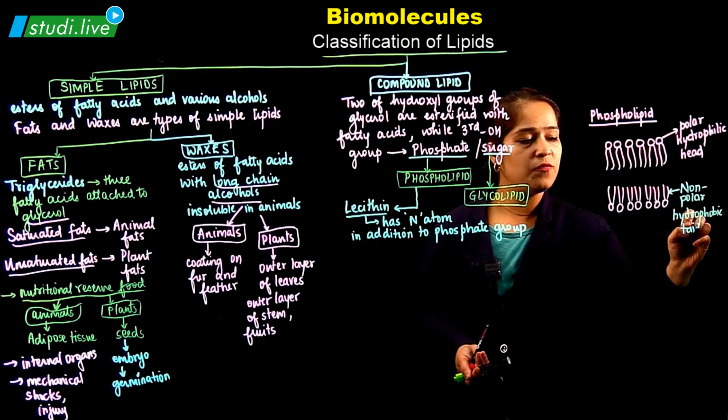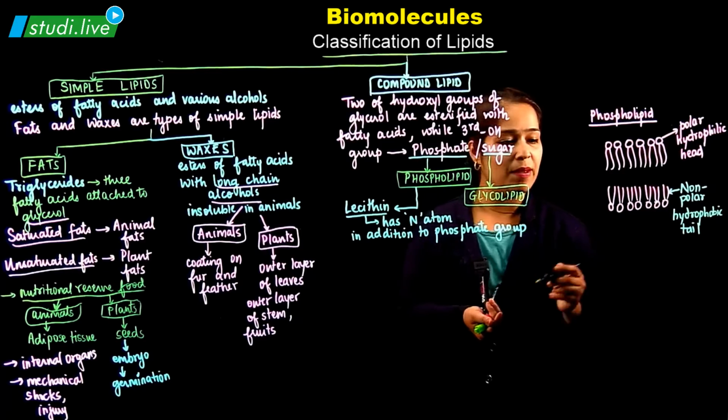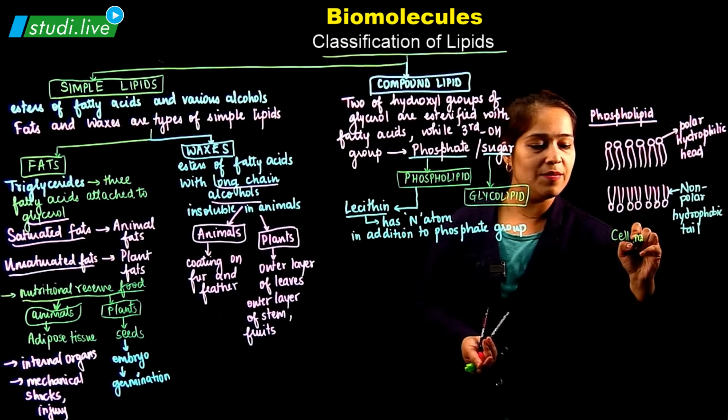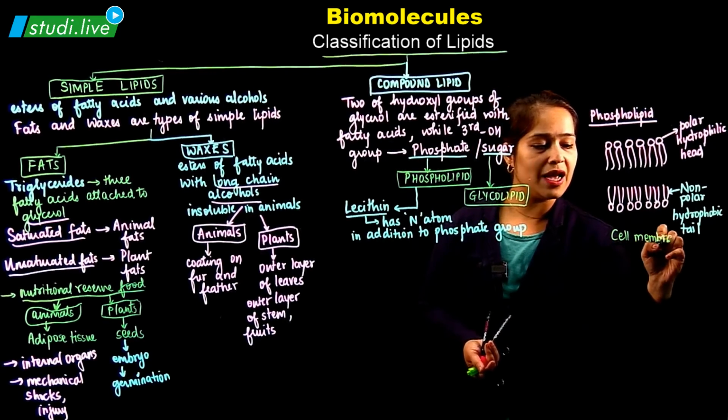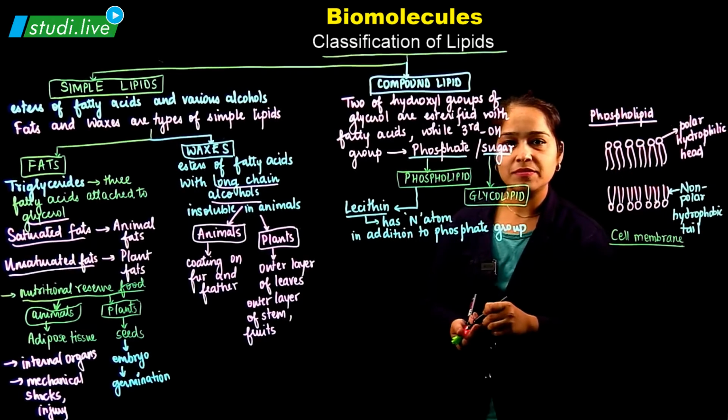So this is the phospholipid bilayer which is present in the cell membrane. This is the fluid mosaic model explaining this bilayer of lipids.